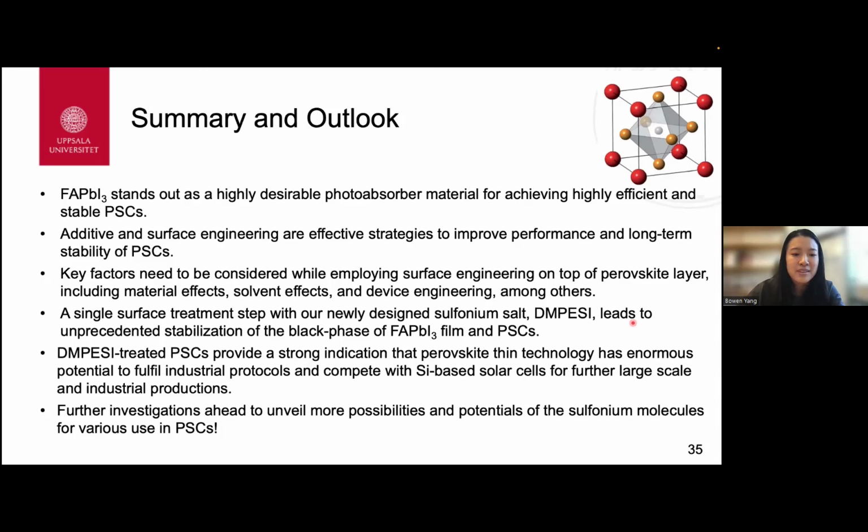This provides a very strong indication that perovskite thin film technology has enormous potential to hopefully fulfill industrial protocols and can compete with silicon-based solar cells for large-scale industrial production. However, further investigations are ahead to unveil more possibilities and potentials of the sulfonium molecules for various uses in perovskite solar cells. There are still a lot of things that are unexplored.